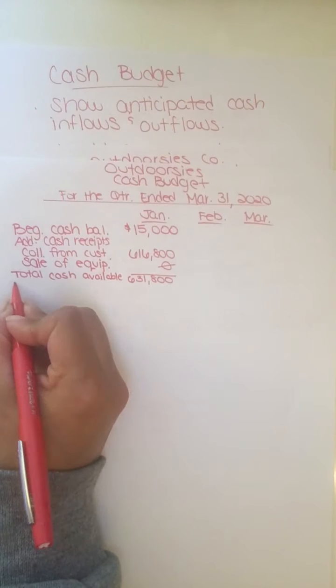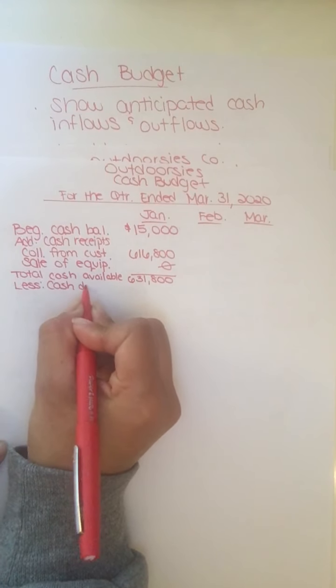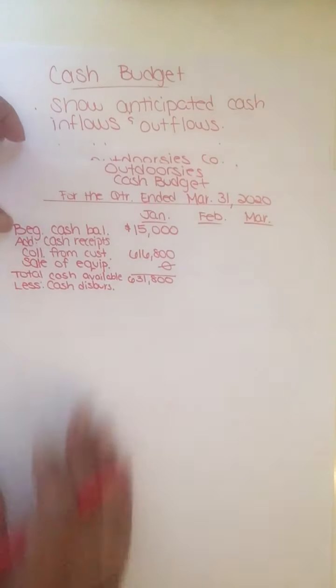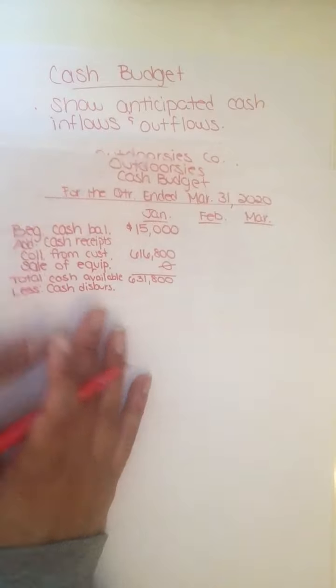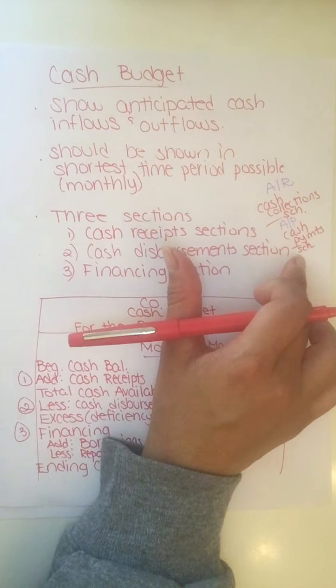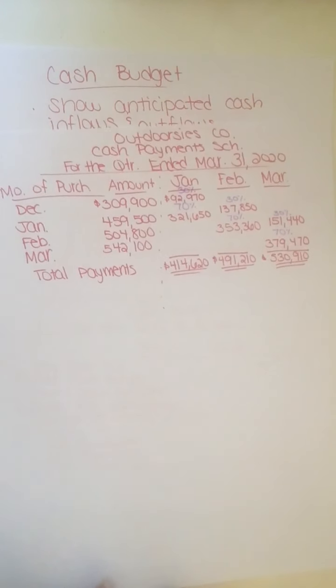All right, moving on to our cash disbursements. Plus cash disbursements. Now likewise, the largest cash disbursements you're normally going to have is going to come from your cash payments schedule. We already did a cash payments schedule for this company, for Outdoorsies. Here it is.